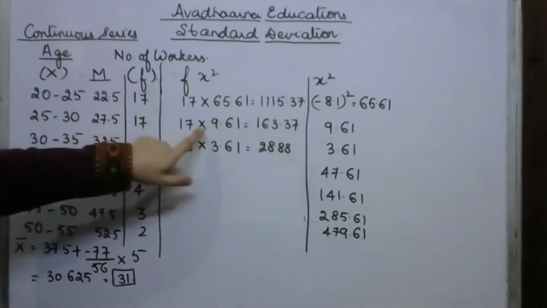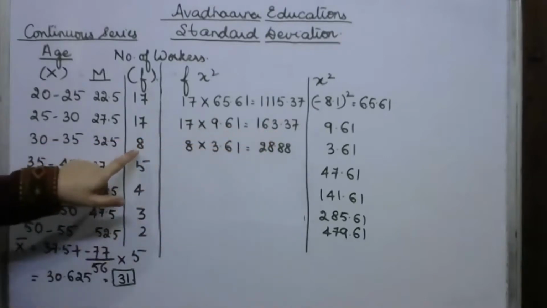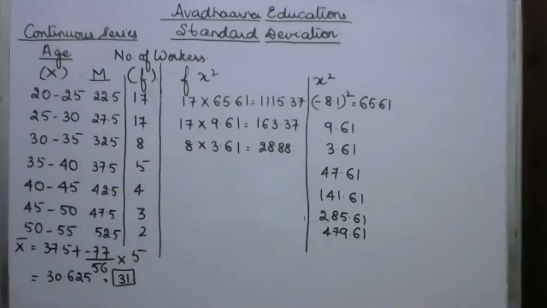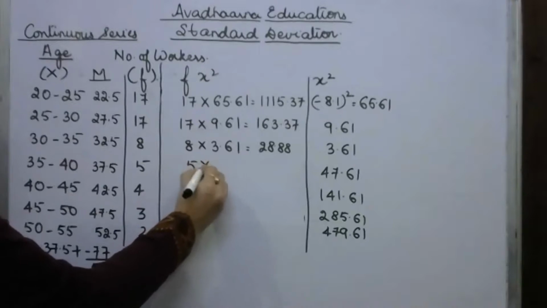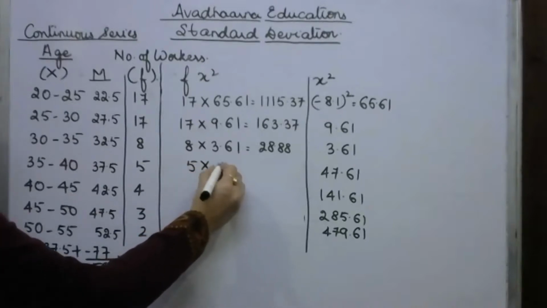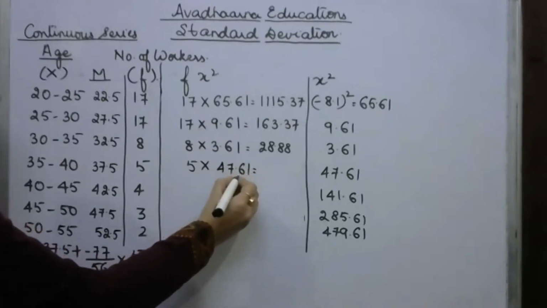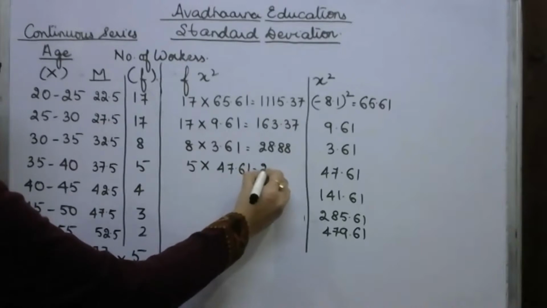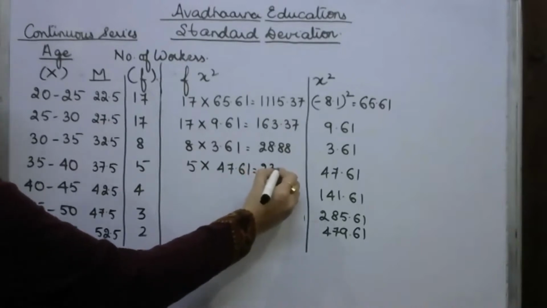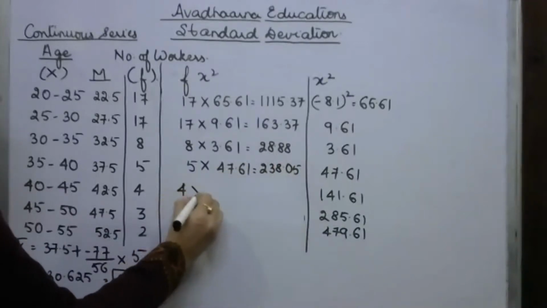Then 17 into 9.61 is 163.37. 8 into 3.61, it is 28.88. Then 5 into 47.61 is going to give us 238.05.